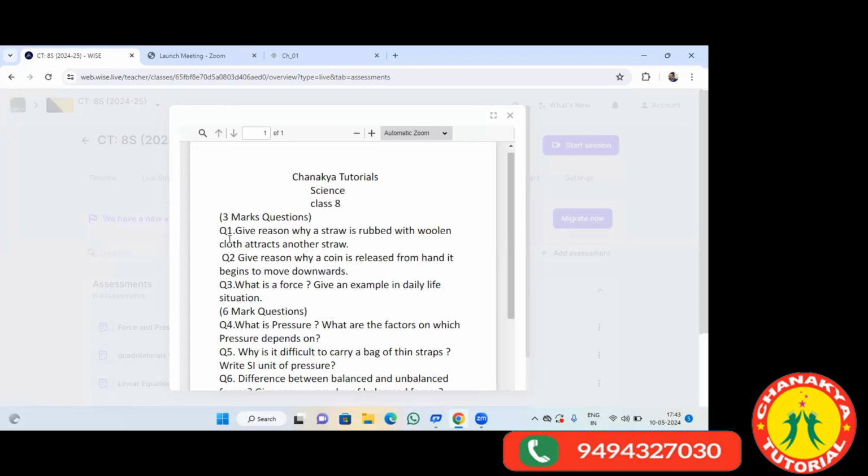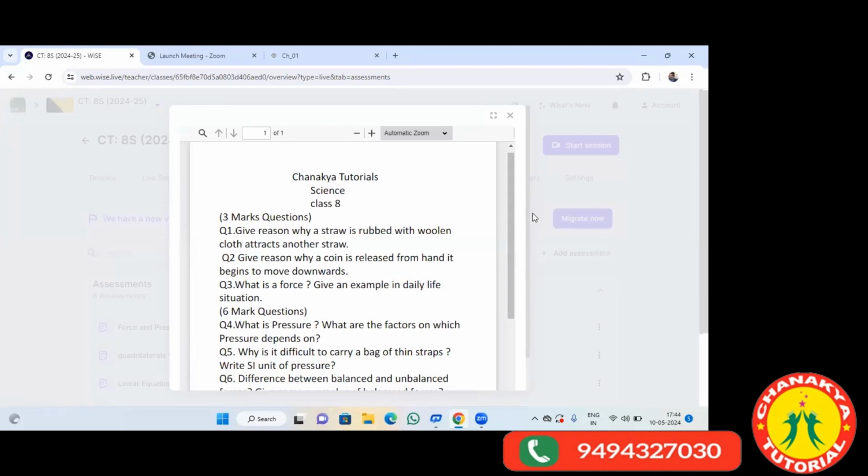Second, you had to mention the electrostatic forces of attraction which are there between the straws. Got it? Any other question you had doubt with?